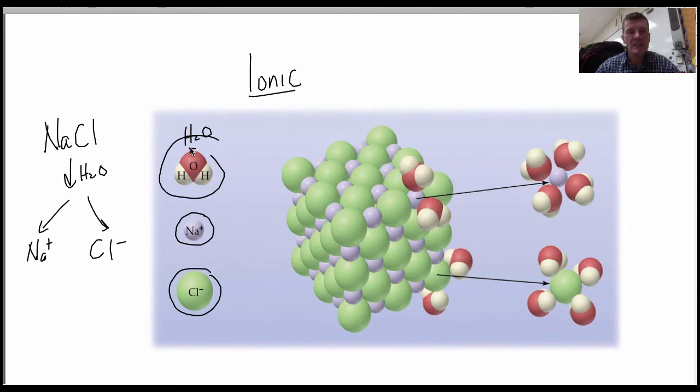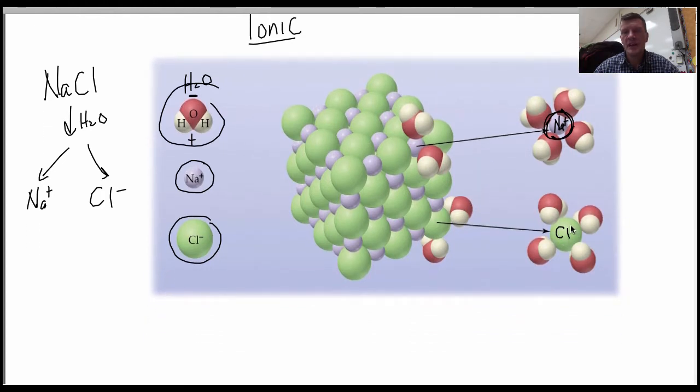It has a negative partial charge on the oxygen side, and a positive partial charge on the hydrogen side because the electrons spend more time on the oxygen side, even though it's a neutral compound.